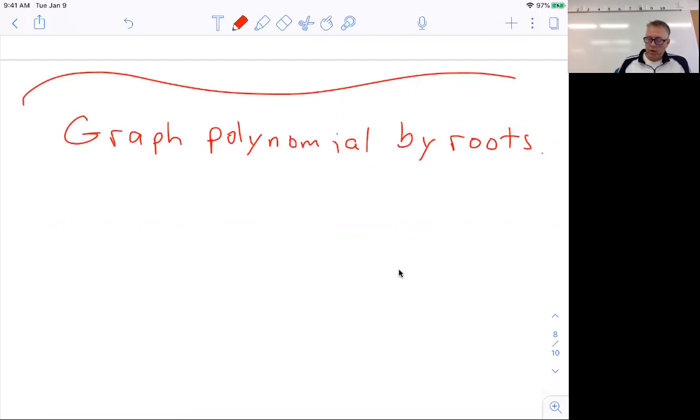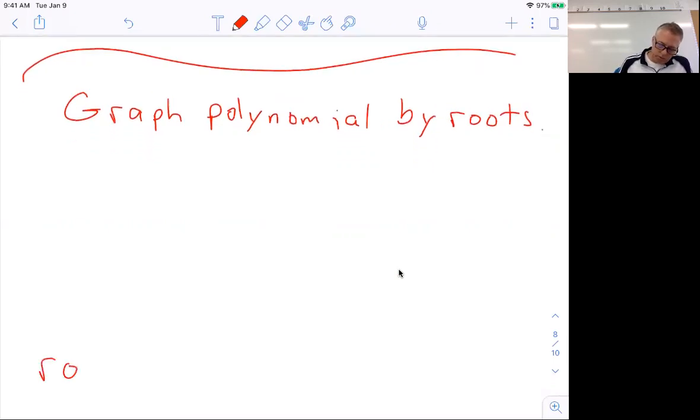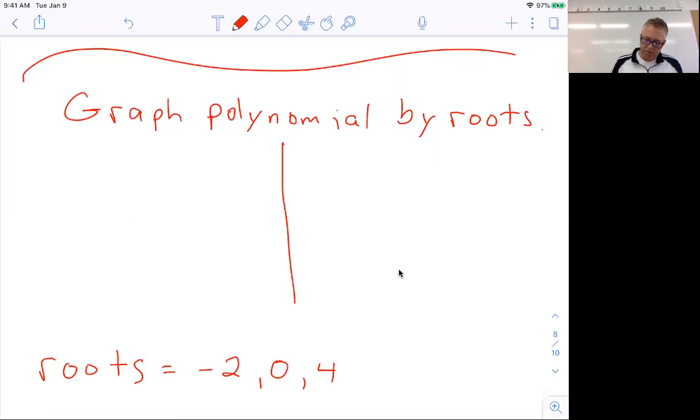So let's say we wanted to graph a polynomial that had roots of -2, 0, and 4. Okay, there are a million, in fact, an infinite amount of different possibilities. So we'll just draw a couple.